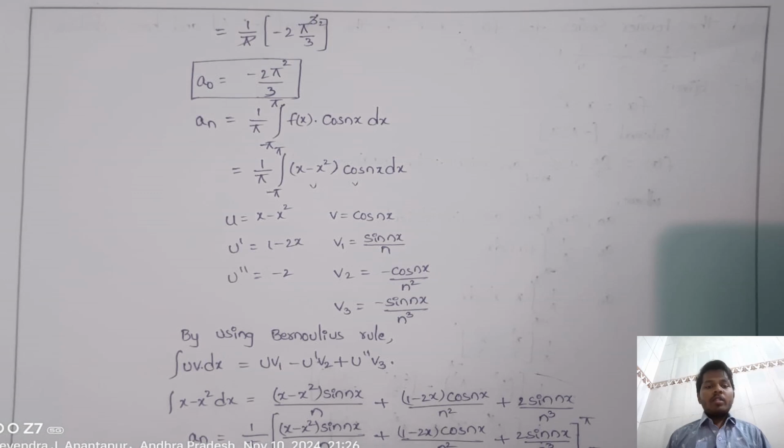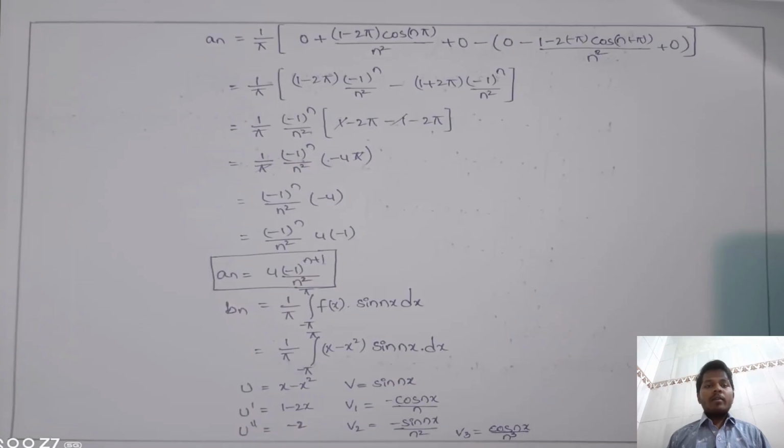So the an value is equal to 1 by pi into x minus x square sin nx by n plus 1 minus 2x cos nx by n square plus 2 sin nx by n cube, whole in the interval minus pi to pi.